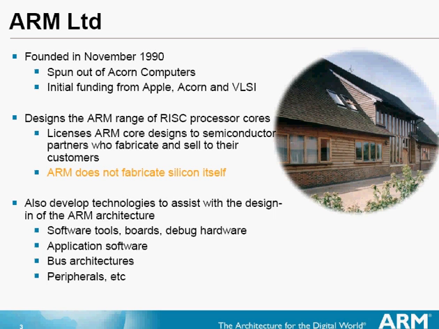ARM Limited. The ARM processor core originates within a British computer company called Acorn. In the mid 1980s, they were looking for a replacement for the 6502 processor used in their BBC computer range, which were widely used in UK schools.